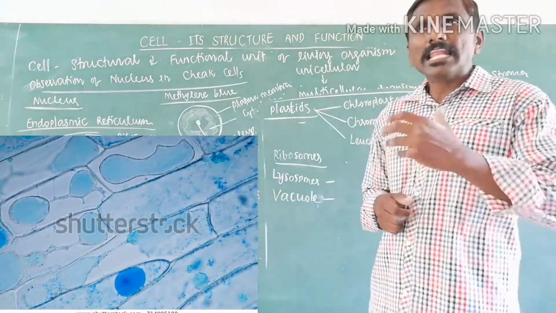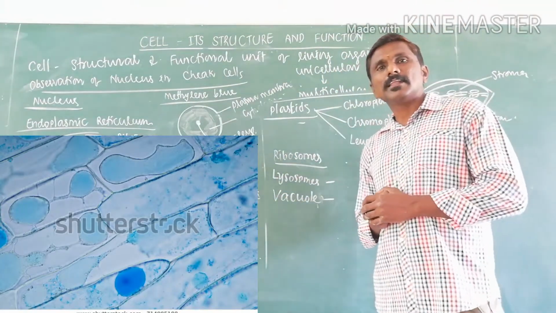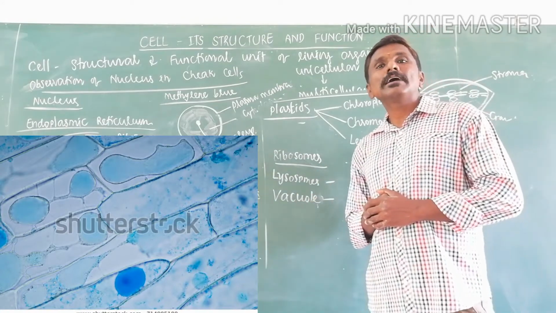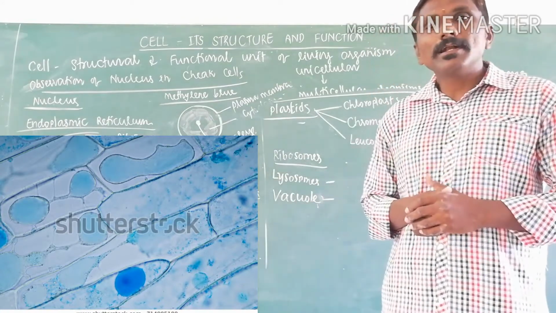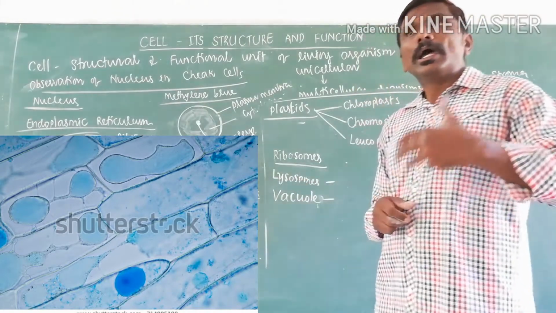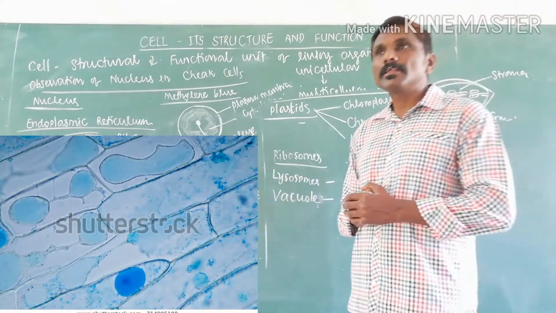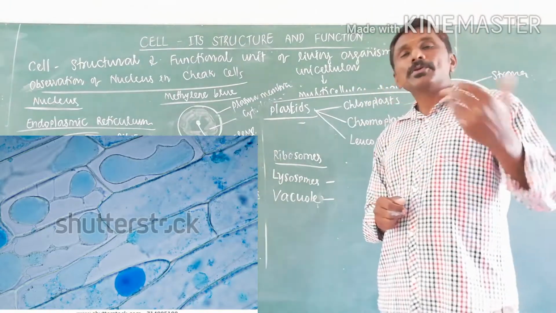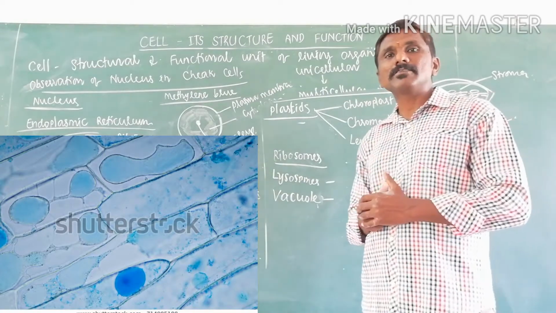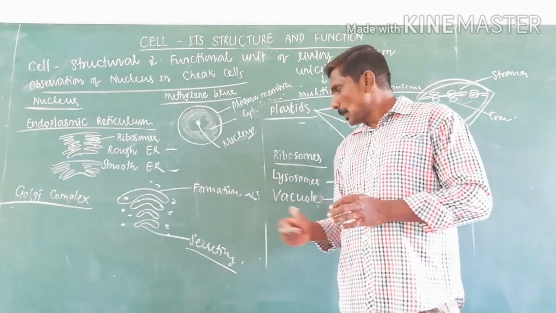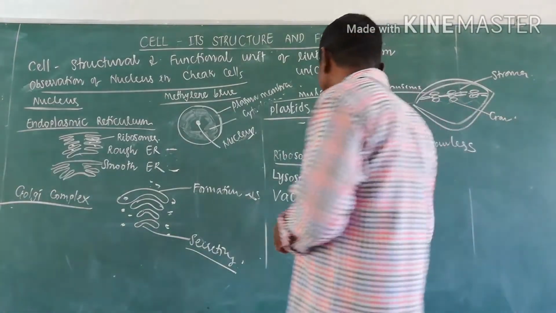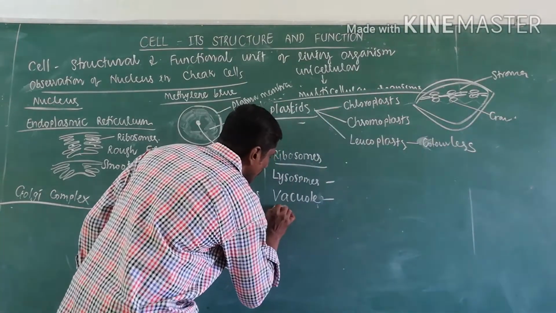These are large vesicular structures, and they store all the materials required by the cell, and also the waste material produced in the various metabolic activities, which is transported to the sites of excretion. So vacuoles are the storehouses of the cell.